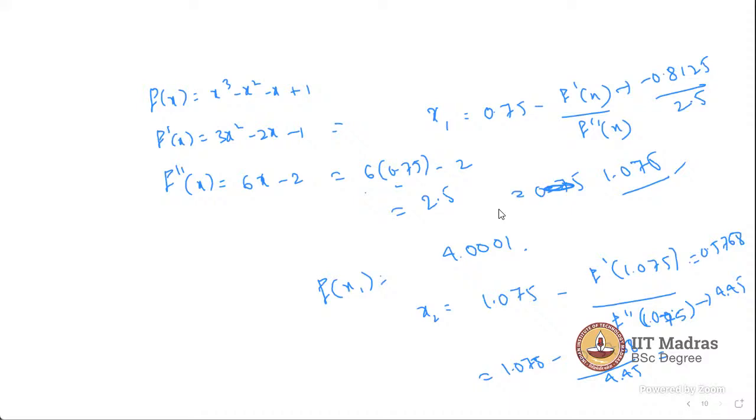Okay, let me check. Yeah, sorry. 1.075 square into 3 minus 2 into 1.075. Okay, yeah, 0.3168, correct.